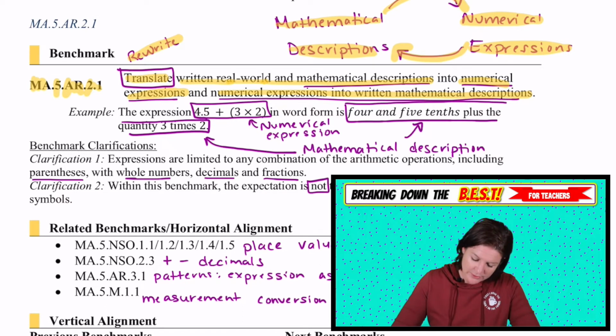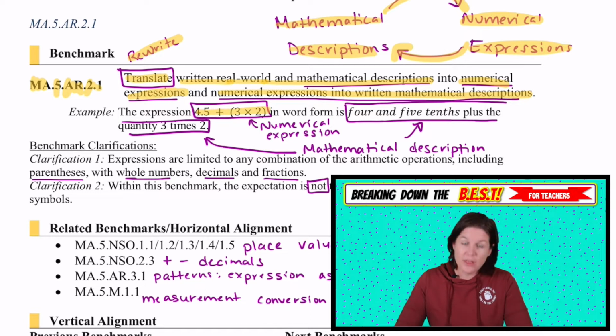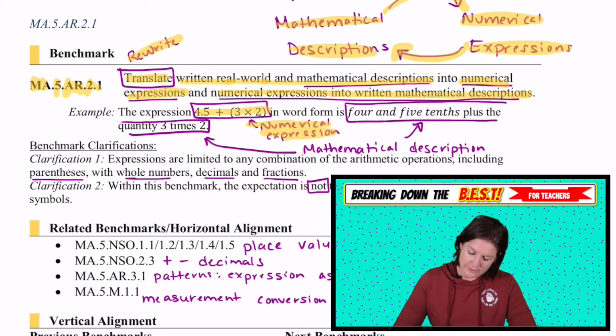So this right here, the expression 4 5/10 plus in parentheses 3 times 2, this is a numerical expression. It has numbers and operations. And the mathematical description would be this: 4 5/10 plus the quantity of 3 times 2.